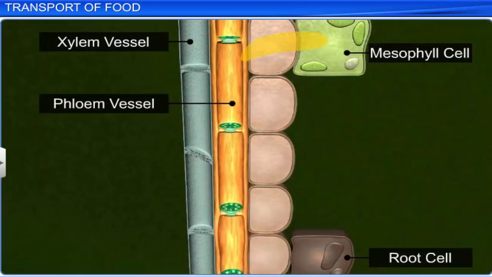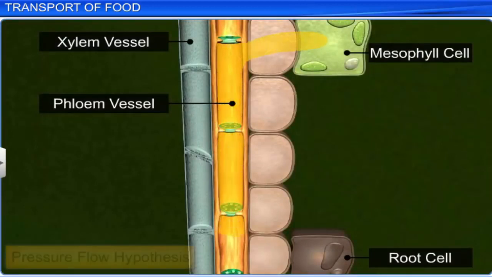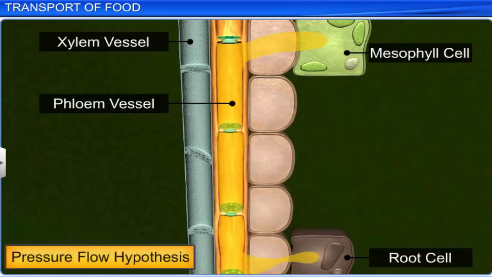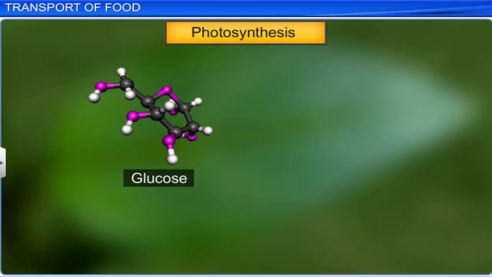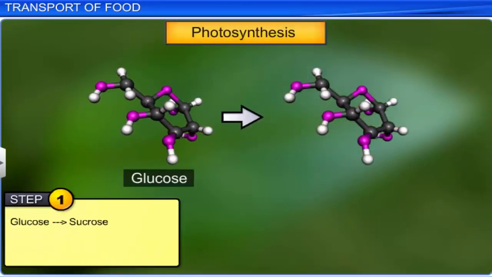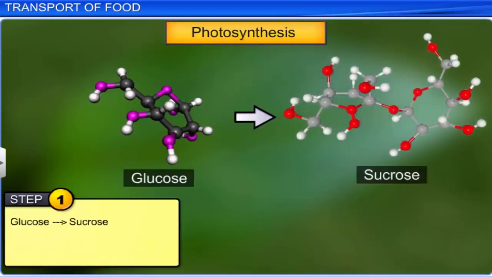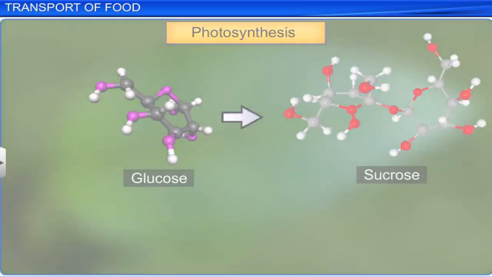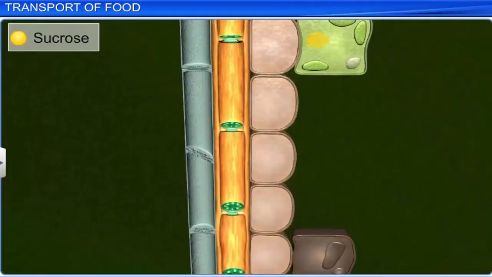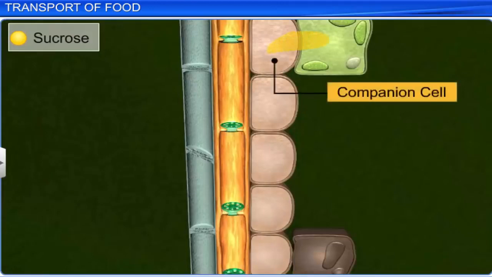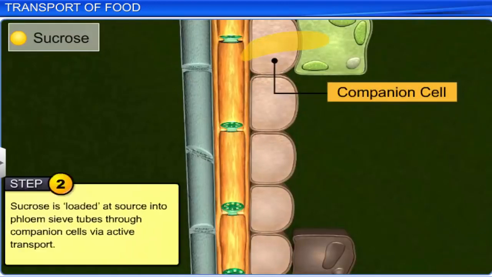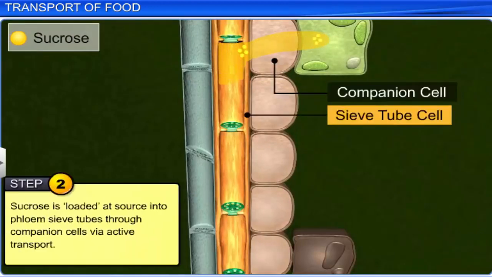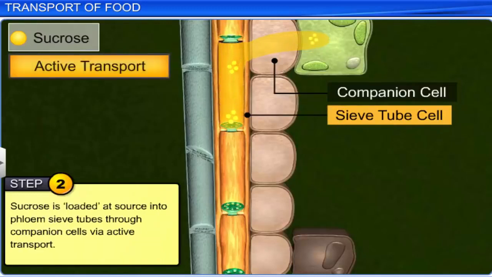Phloem sap translocation from source to sink takes place by a mechanism called the pressure flow hypothesis. When plant leaves prepare glucose via photosynthesis, the glucose is then converted into sucrose. Sucrose then moves into the companion cells, after which it is loaded into the sieve tube cells via active transport.